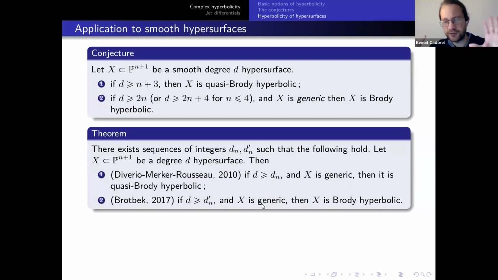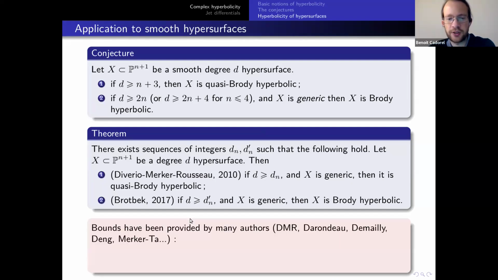So you have these two sequences of integers. In Brotbek's result, the sequence d_n prime was not explicit. Diverio, Merker, Rousseau gave for their sequence 2 to the power n to the power 5. So this is very large, much larger than this linear bound, as you can see.